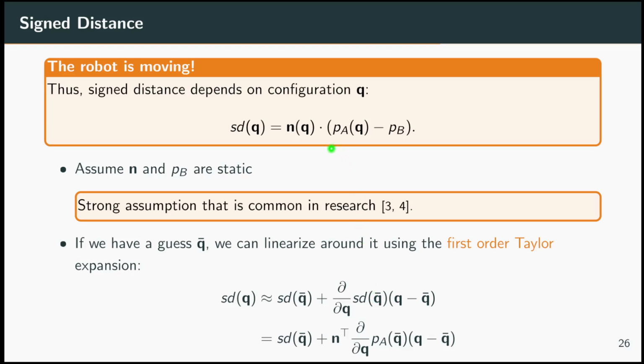Then we look at that function and use our two assumptions, and because we assume n is static, we can pull it out. What remains is PA, so we need the partial derivative of PA with respect to Q, and the rest is just copied again.